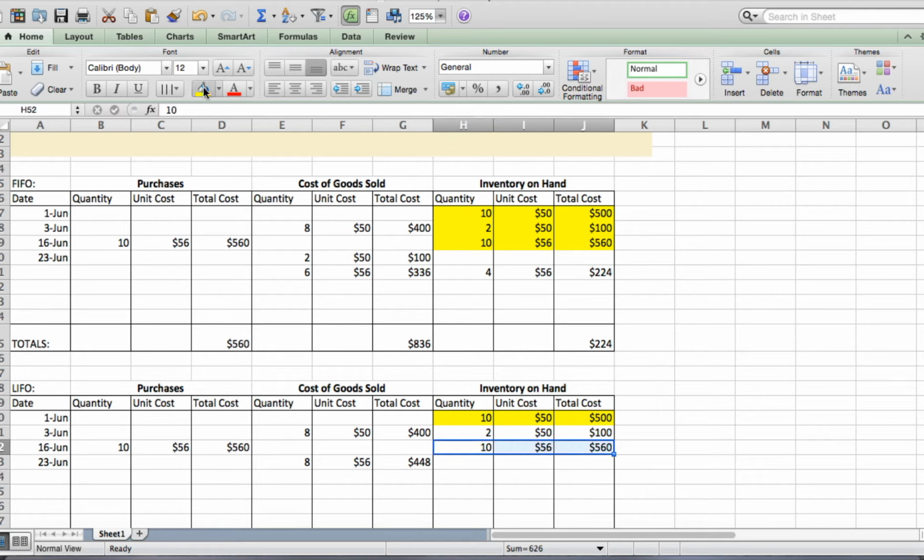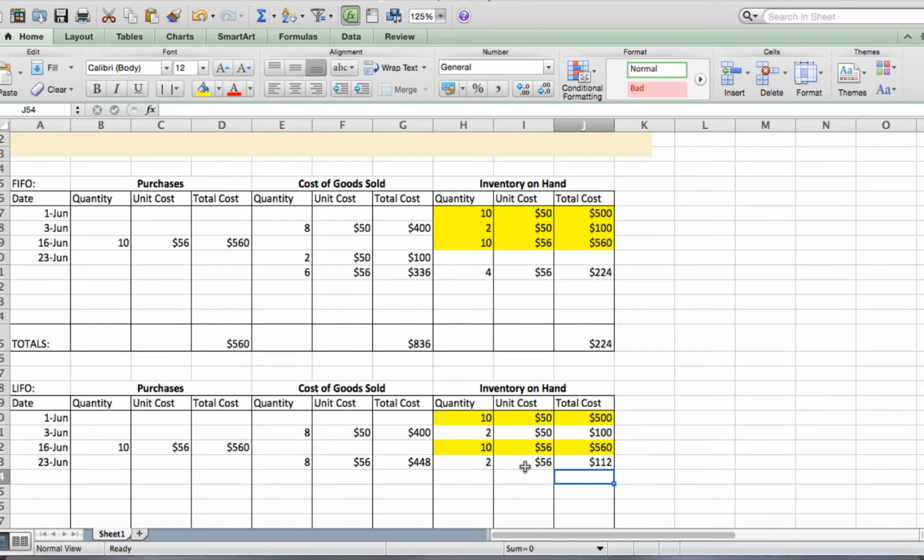I did touch this one. Instead of deleting it, I'm just going to write a new line here. So I have the original 2 for $50, and I have 2 left of the $56 batch, because of these 10 here, I used 8, leaving 2 left.